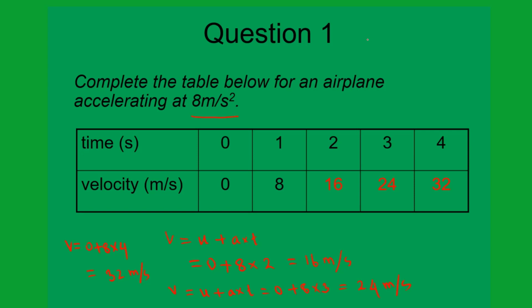Remember the equation used here: final velocity v equals u, initial velocity, plus acceleration times time. Remember this formula. Sometimes we write v equals at.